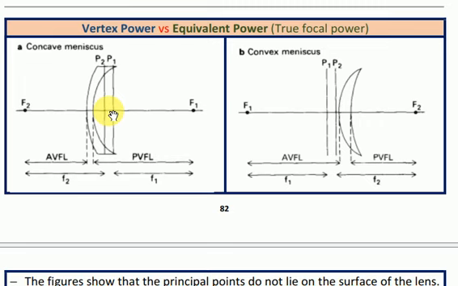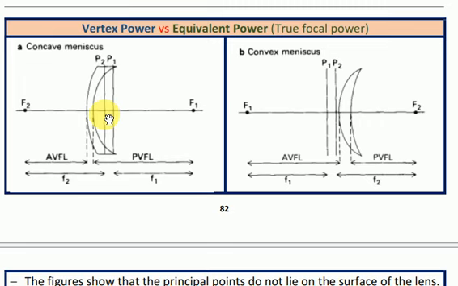In practice, the measurement given by instruments such as the focimeter is the distance of the principal focus from the central surface or vertex of the lens.